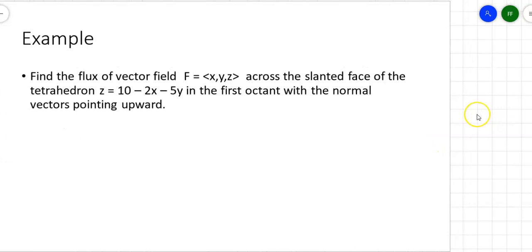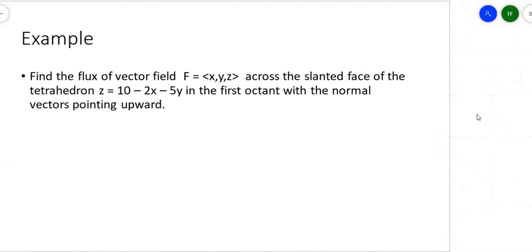So I got a vector field F of x, y, z. Right? Pretty simple looking vector field. This one lives on the slanted face of a tetrahedron. Right? You know what a tetrahedron is? It's just a pyramid whose sides are all equilateral triangles. Tetra meaning four equilateral triangles. If you sat it down, it would be a triangular pyramid.